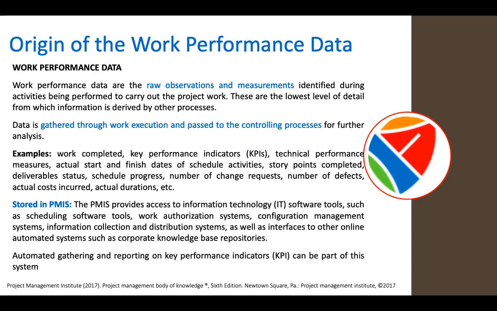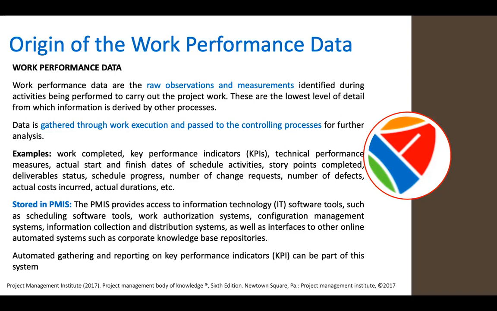Origin of work performance data: work performance data are the raw observations and measurements identified during activities being performed to carry out the project work. These are the lowest level of detail from which information is derived by other processes. Data is gathered through work execution and passed to the controlling processes for further analysis.